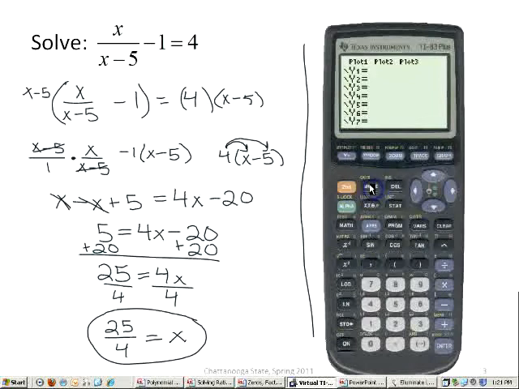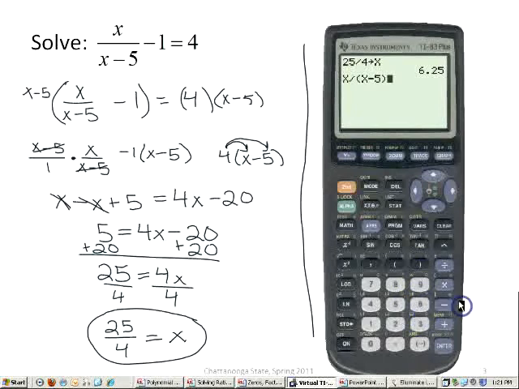Let me show you how to do that, storing your values in your calculator, because this makes it pretty simple to do. My answer I got is 25 over 4. So I want to type in 25 divided by 4, and then I want to store that for x. Enter. Now I want to type the left side of the equation in.